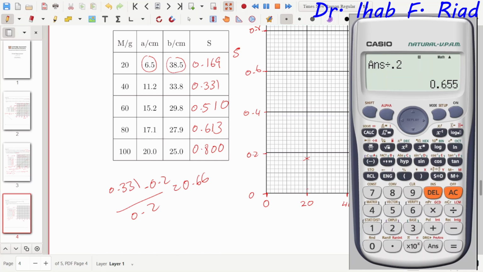What does it mean? 6 small squares, and it is closer to the 7 mark than the 6. Let us count 1, 2, 3, 4, 5. This is number 6, and it is between over here. It is almost here.